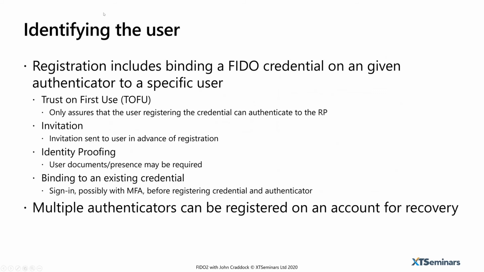We could do full identity proofing, so a user needs to turn up with documents and provide their own presence to actually get something registered. Or we could bind to an existing credential. And this is what Azure AD does. When we register a FIDO2 device with Azure AD, we have to sign in with strong authentication to actually register the credential and our authenticator.